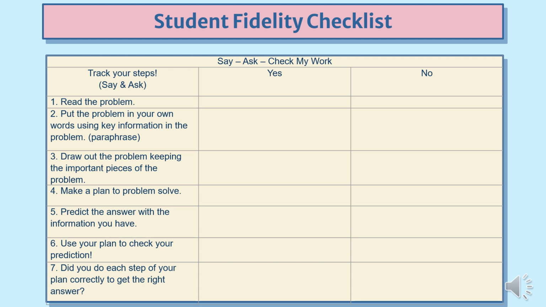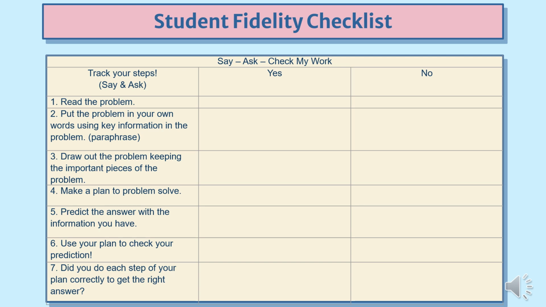Here we have included an example of a student fidelity checklist. As you can see, this intervention has been summed up as a say, ask, check model. Before the student begins their assignment, they should read the steps and self-identify whether they believe they can complete the steps successfully.